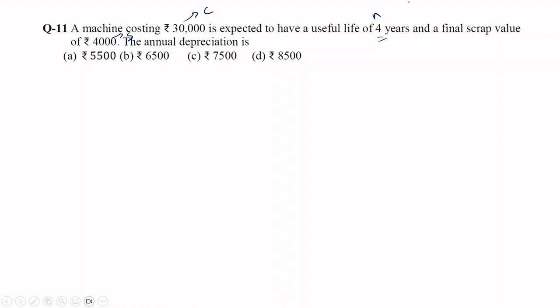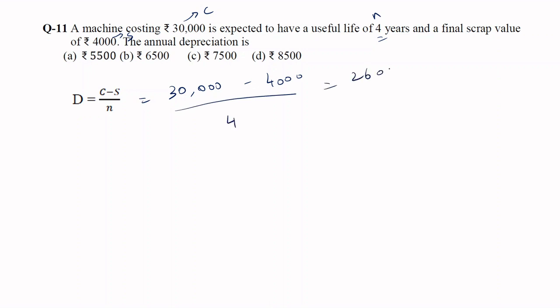Now we know the formula: annual depreciation is (C minus S) upon N. So here it is (30,000 minus 4,000) upon 4, so this is 26,000 by 4, which is 6,500. So the correct option is option B. Annual depreciation is rupees 6,500.